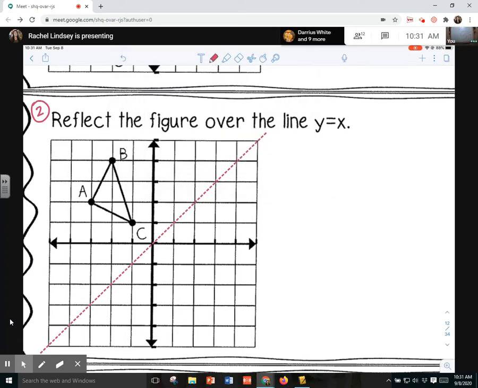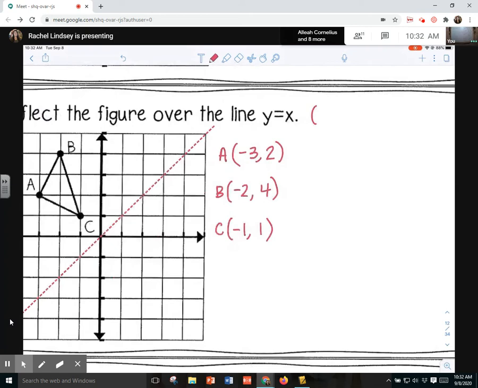And then I'm going to write out what my coordinates are. So where does A start? -3, positive 2 there. And B starts at -2, positive 4. And C is at -1, positive 1.